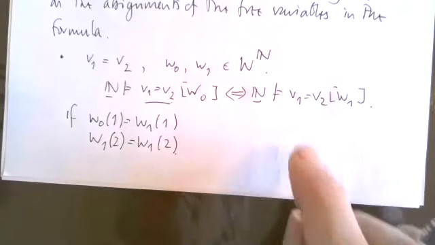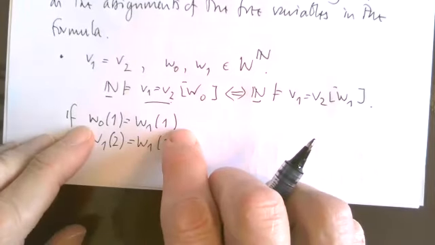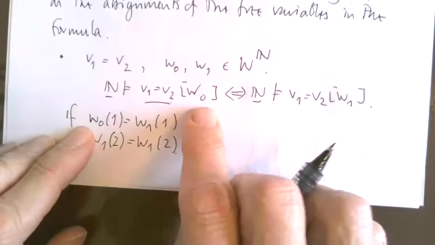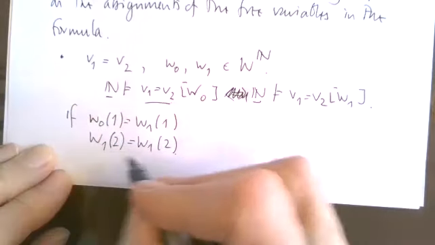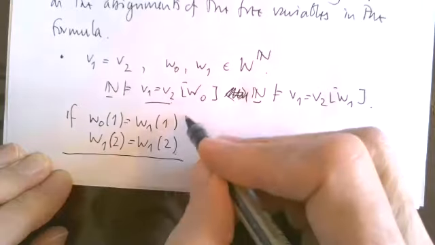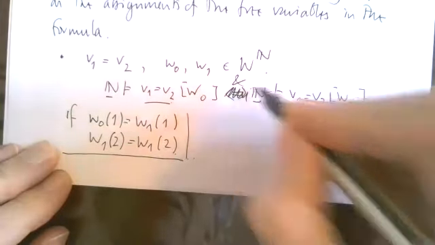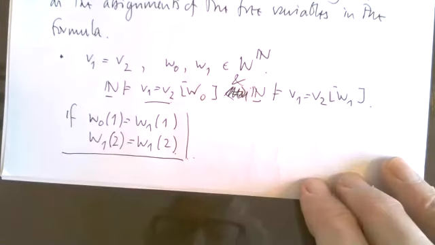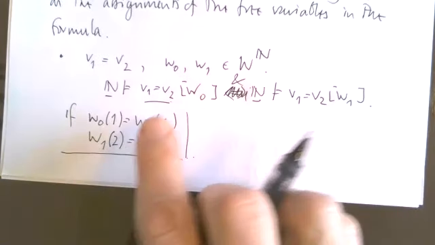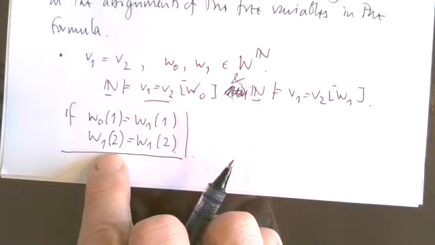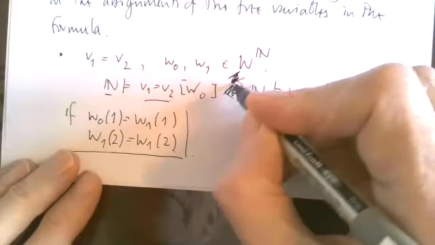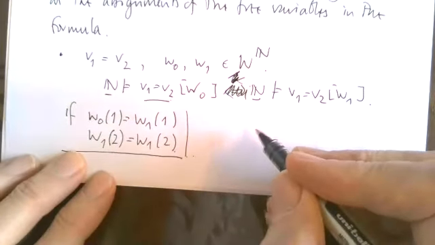In the example I've given here, I've specified that they're the same, so actually they are true. So we have this and this. If I specified like this, because in this assignment, I've just said that, sorry, no, this is if and only if.